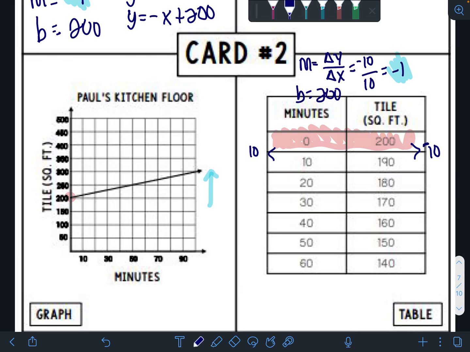My slope should be going down, so it should be going down in this direction instead. So they had the slope flip-flopped on this one. They graphed it with a positive 1 instead of a negative 1. So this would be the one that would be wrong.